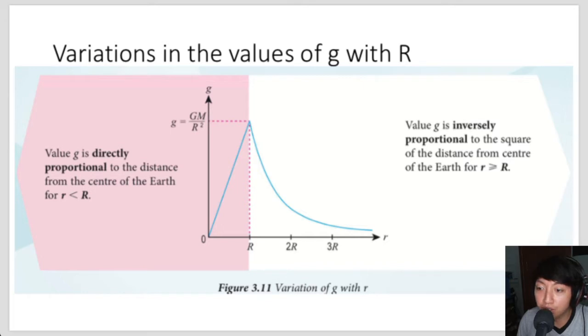If you go closer to the center of the Earth, the acceleration starts to get less and less. The value of G starts to get less and less. And the closer you get to the surface of the Earth, the value of G also starts to increase proportionally, just like this graph. At the same time, the further away you get from the surface of the Earth, the value of G also starts to decrease. It also starts to get smaller.